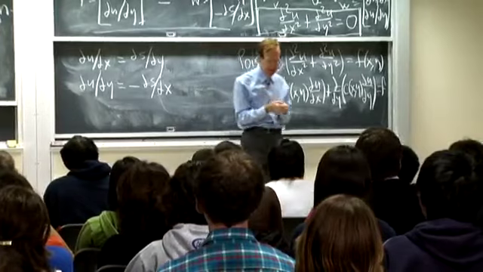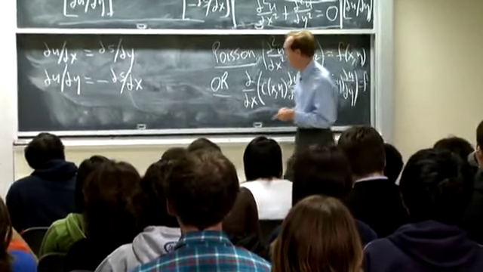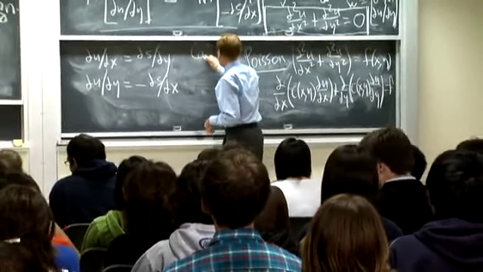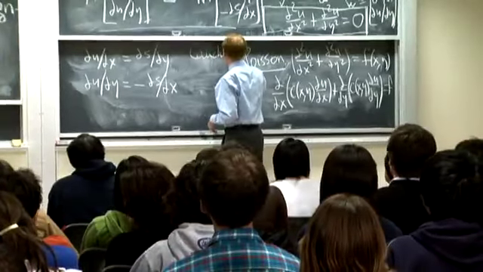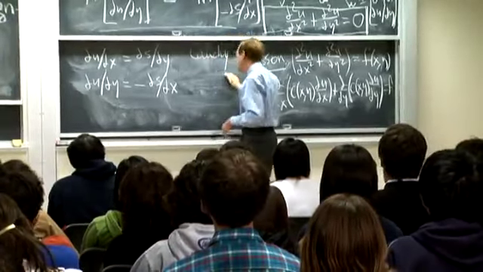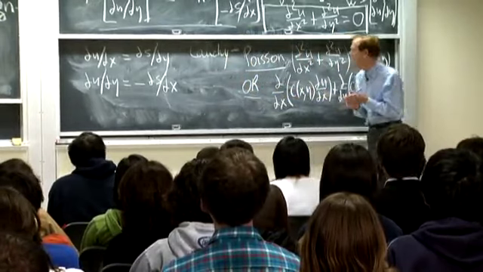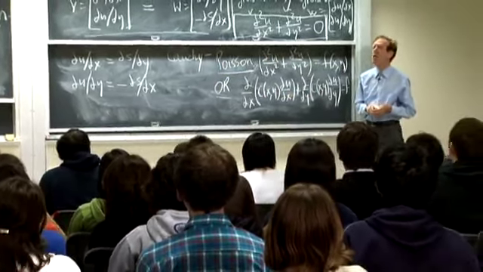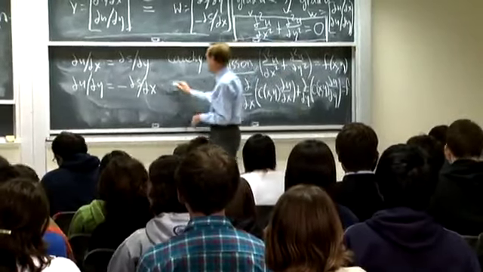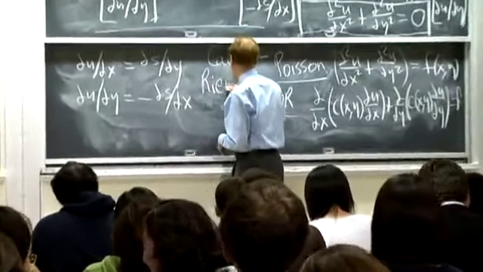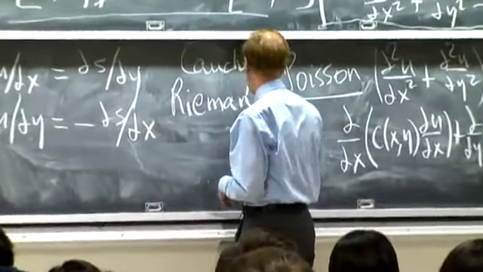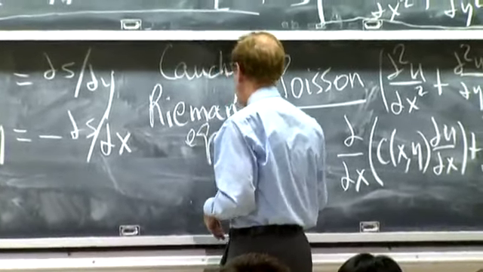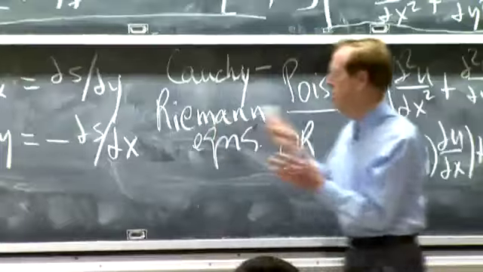The French one is Cauchy, and the German is a really fantastic guy. Anybody know his name? Riemann. Cauchy-Riemann equations connect the two pieces, u and s.